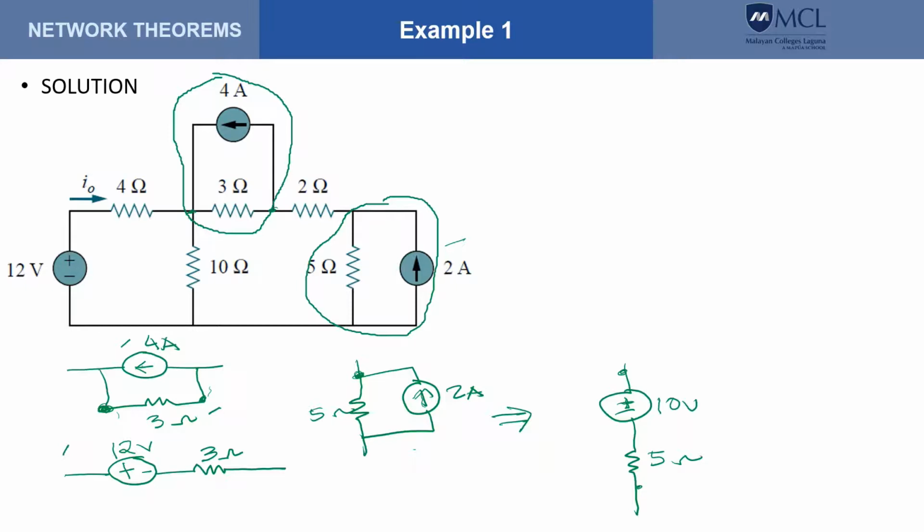Then we replace the part with the equivalent circuit, and that should give us this circuit. So this is our 12.